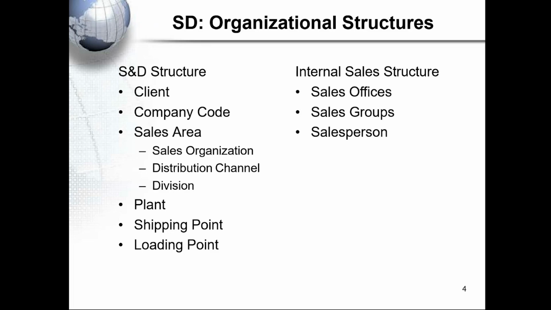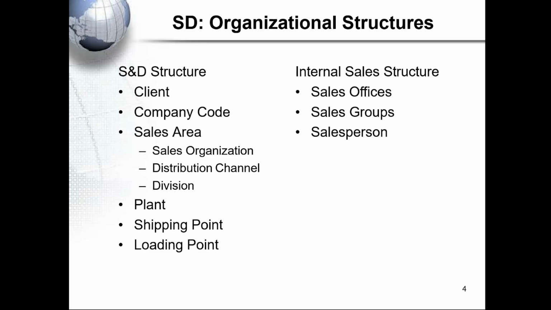Sales organization is the highest level in sales, in the department. It can be called the sales head office, the head of the department, and it is responsible for all the transactions of sales, the sales operation.